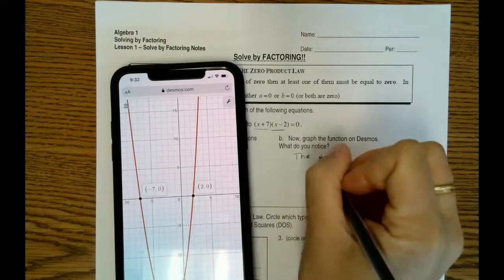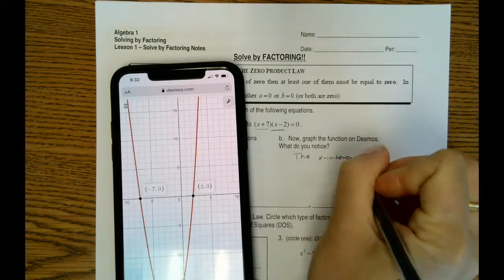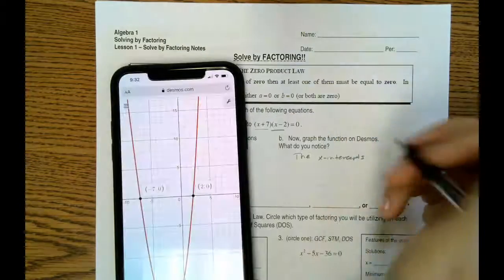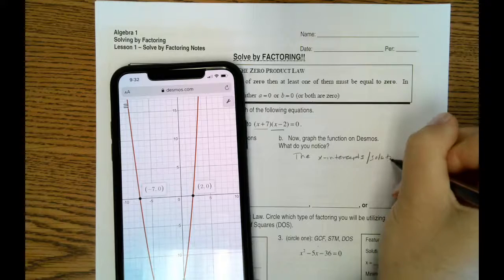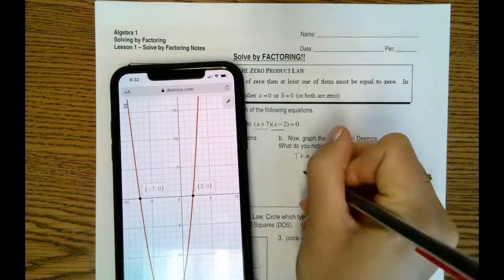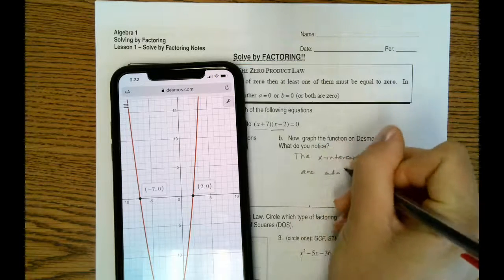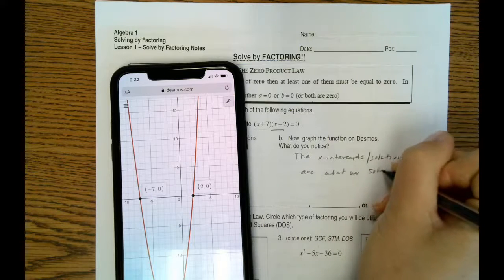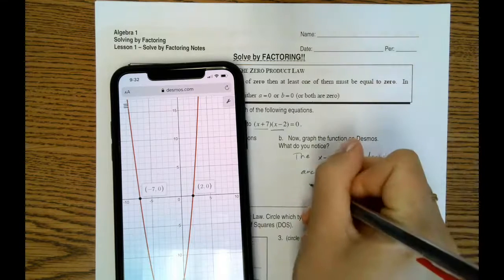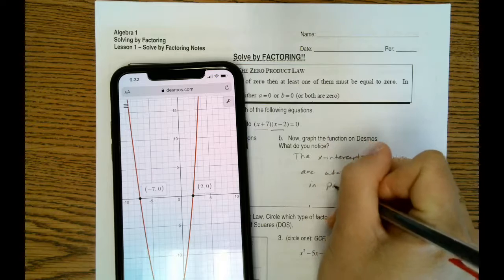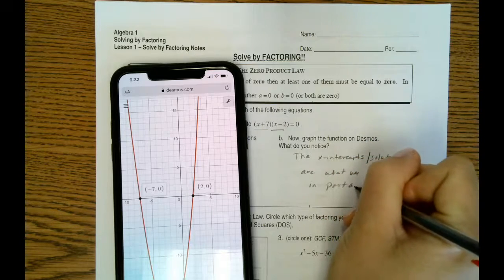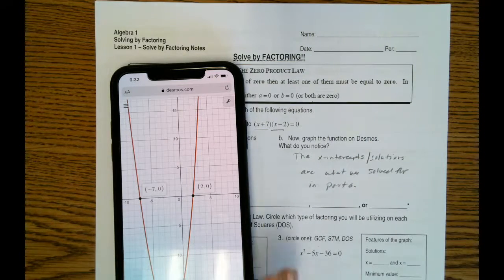So we'll say the x-intercepts or solutions are what we solved for in part A. Okay, so solutions.